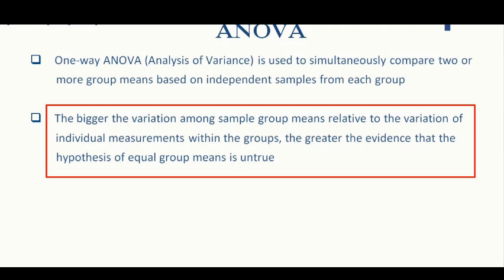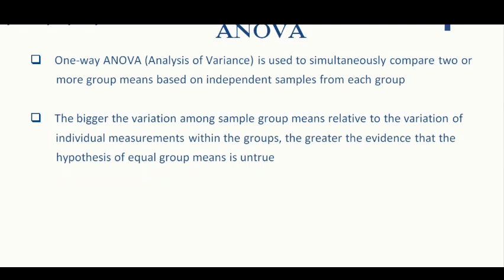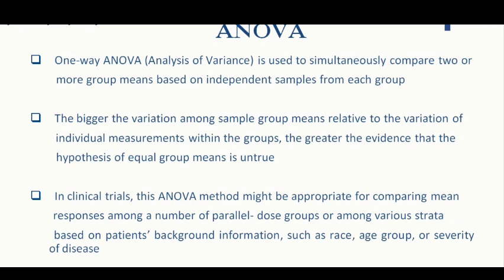The greater this is, the greater the evidence that the hypothesis of equal group means is untrue. So, we are talking about the multiple treatment scenario, and we are trying to test whether all the treatments are alike, all the drugs behave alike.